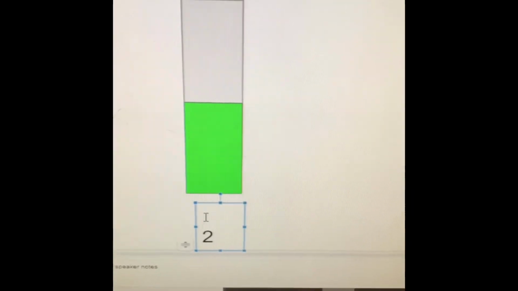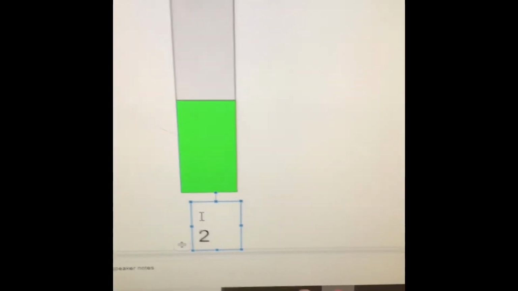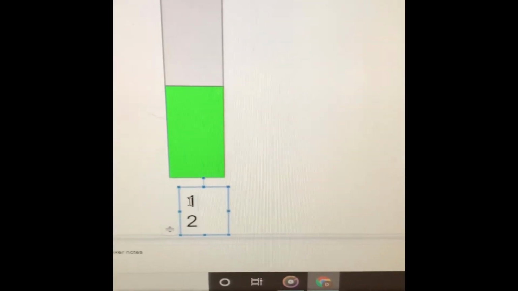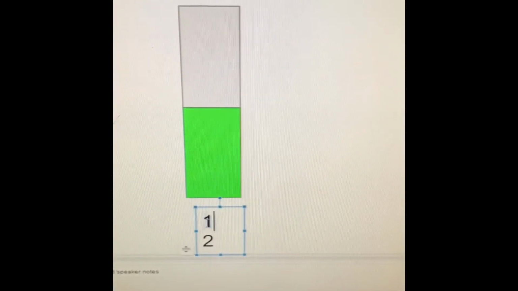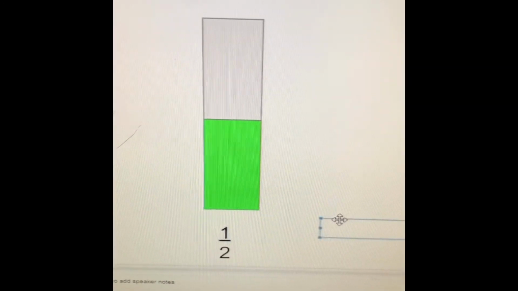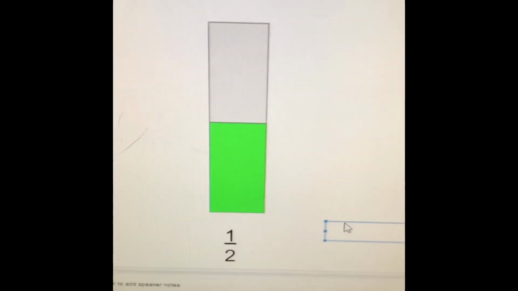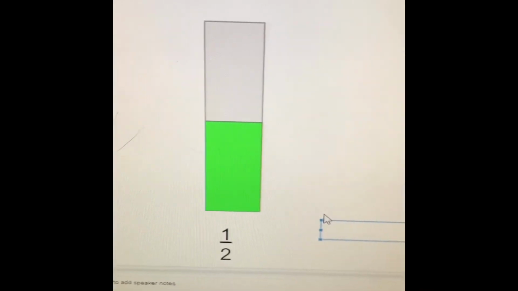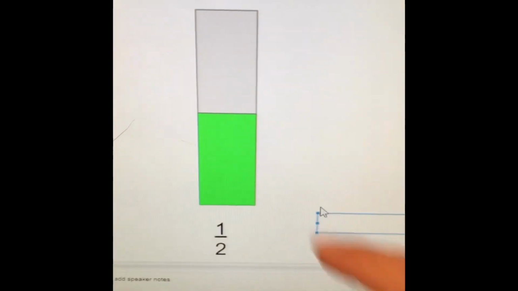And one of those 2 pieces is shaded green, so 1 is going to be the numerator. To make the line, I'll just underline the 1. And we have our answer. This fraction is identified as 1/2.